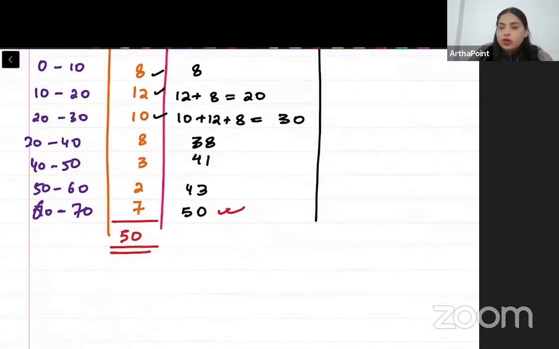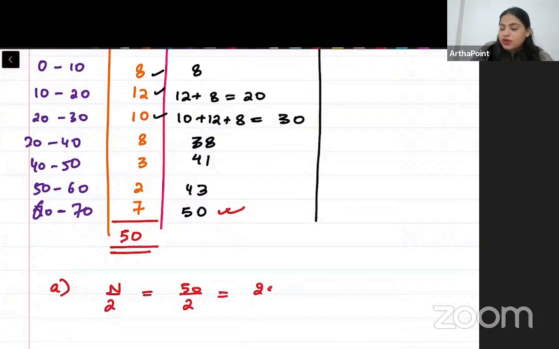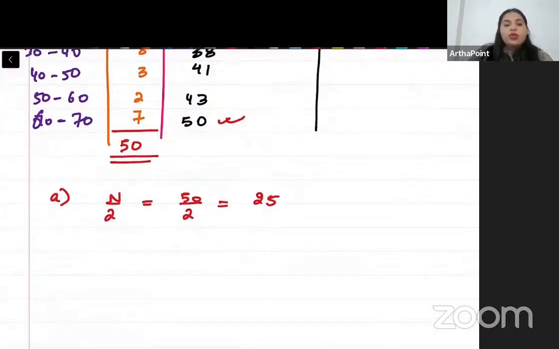Now, in order to find the median class, step 1, you will find n by 2. So beta, this will be 50 by 2, that means 25. Okay. Now, what will you do?